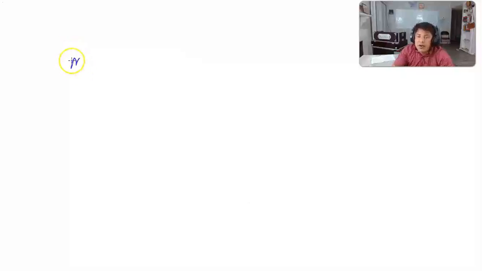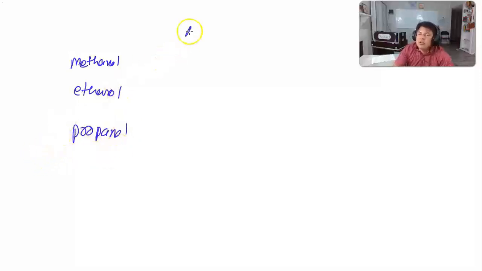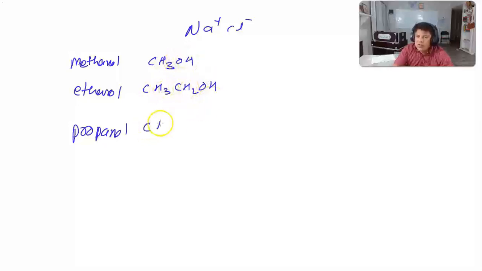So methanol, ethanol, propanol, same as water: in case of water, hydrogen bond; in case of sodium chloride, ion-dipole interaction. Methanol is CH3OH, this is CH3CH2OH, and this is CH3CH2CH2OH. So what will be the solubility of sodium chloride?